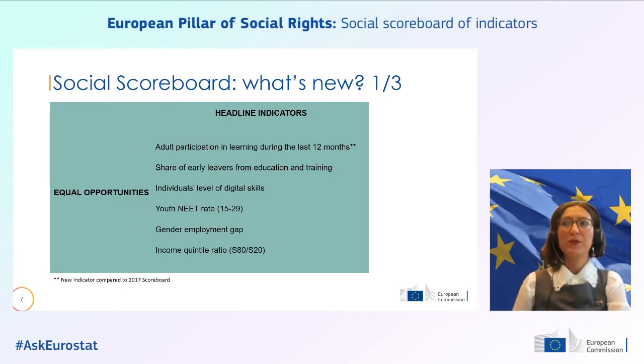So in equal opportunities, there is this adult participation in learning during the last 12 months, which is a new indicator, and it will also be a new indicator added to the scoreboard, but it will also be a completely new indicator collected by Eurostat in the very high quality social survey that is the labor force survey.